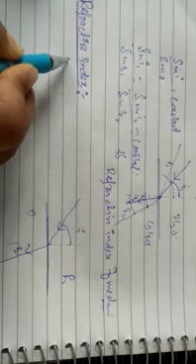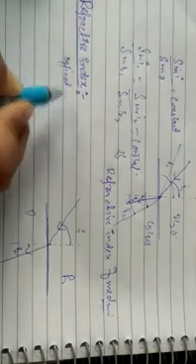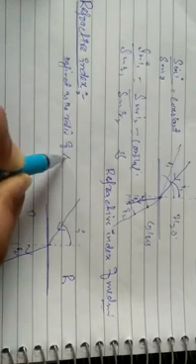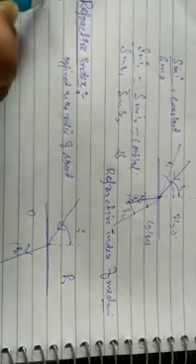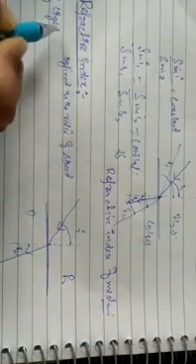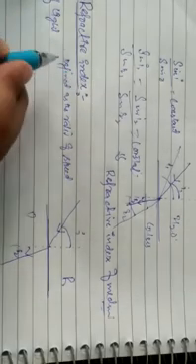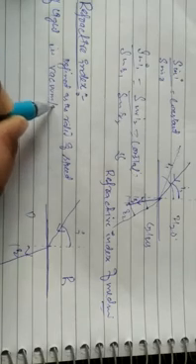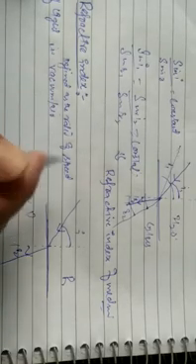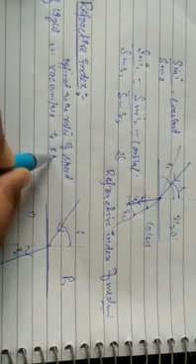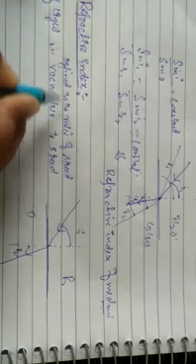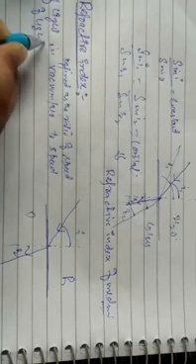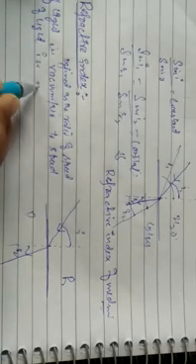It is defined as the ratio of the speed of light in vacuum or air, because air is taken almost the same as vacuum, to the speed of light in the medium.